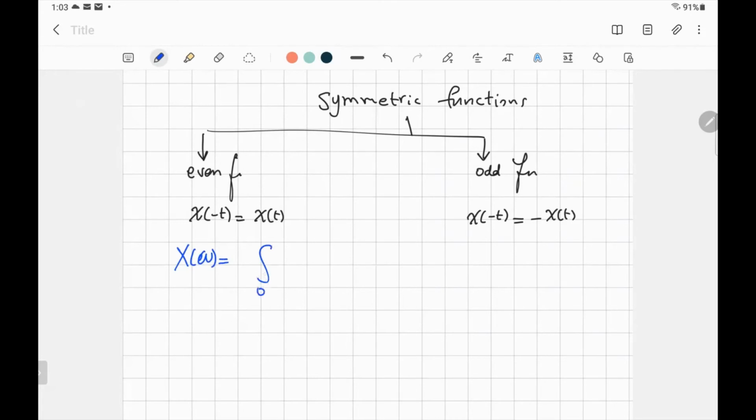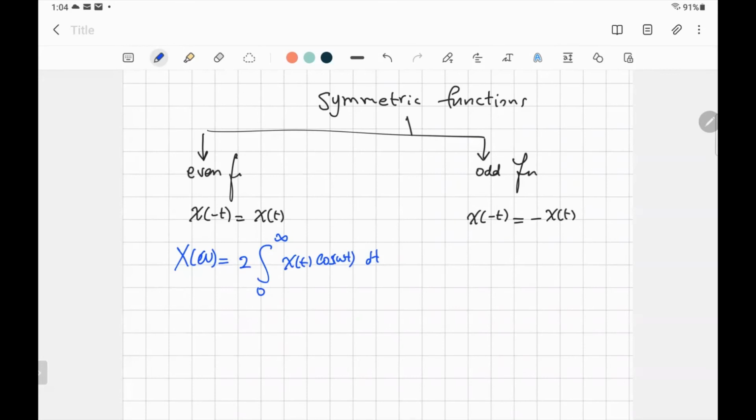You integrate from 0 to infinity the same function x of t, but instead of e to the minus j omega t dt, first, it's even, so we expect only the real part, which would be cosine. That's number one. Number two, you integrate from 0 to infinity and make it double, because it's symmetric.